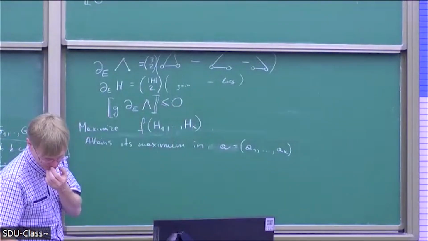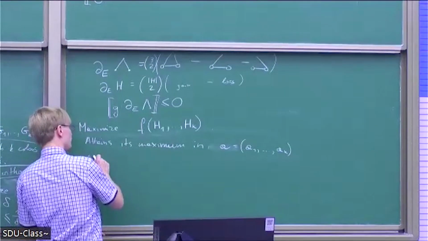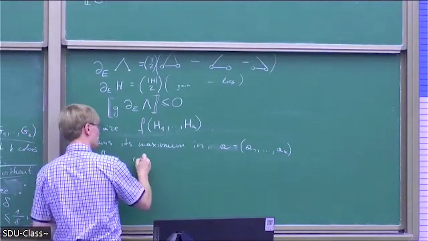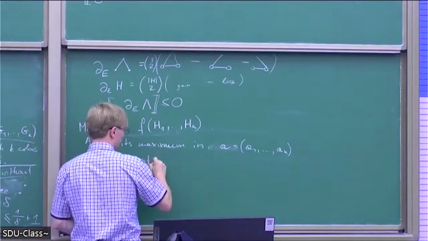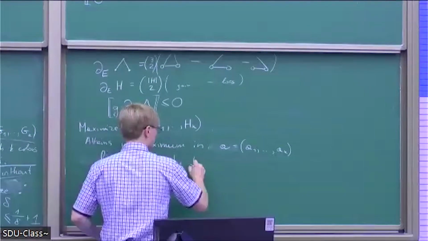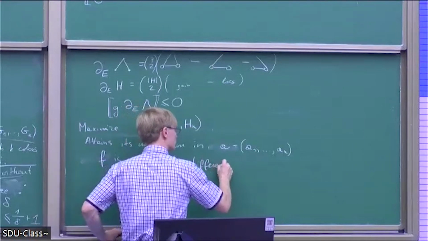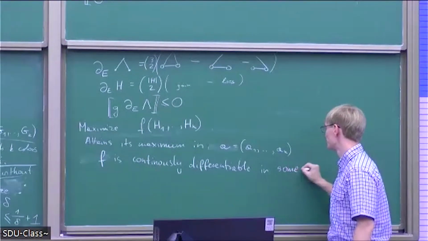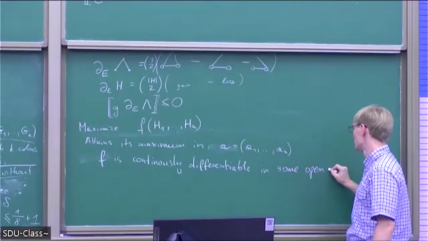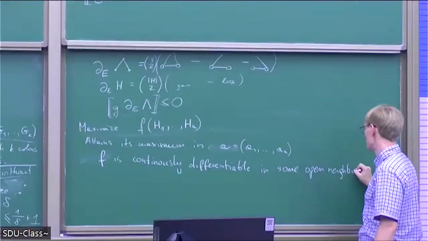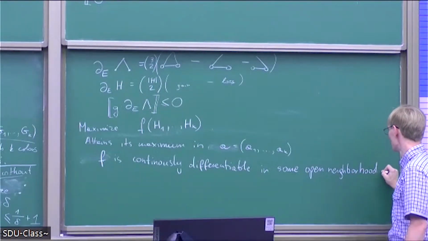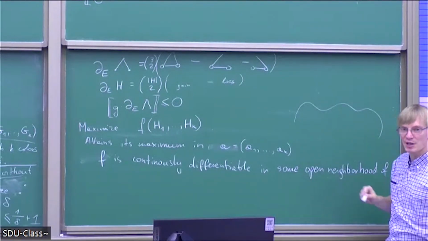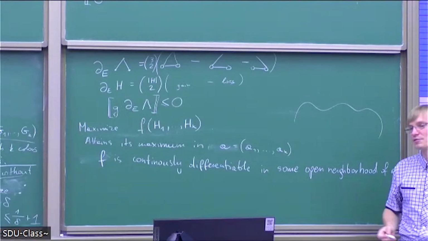And I want to assume that my function f is continuously differentiable in some open neighborhood. So imagine you have some function that you want to optimize in graph densities.